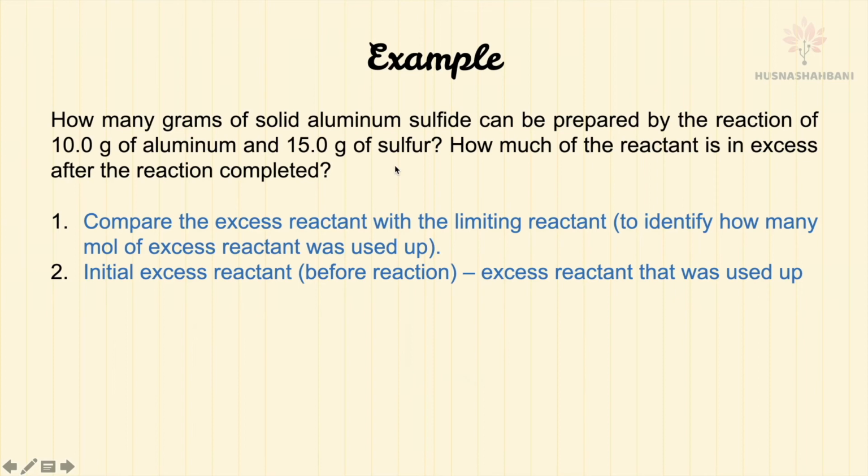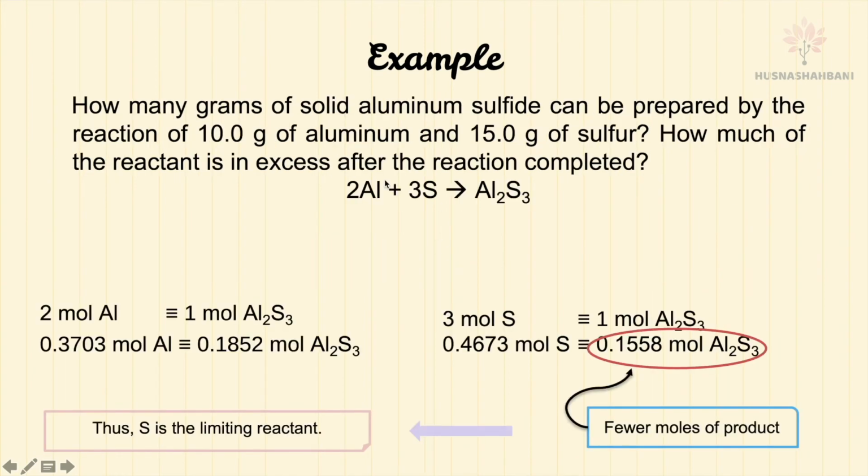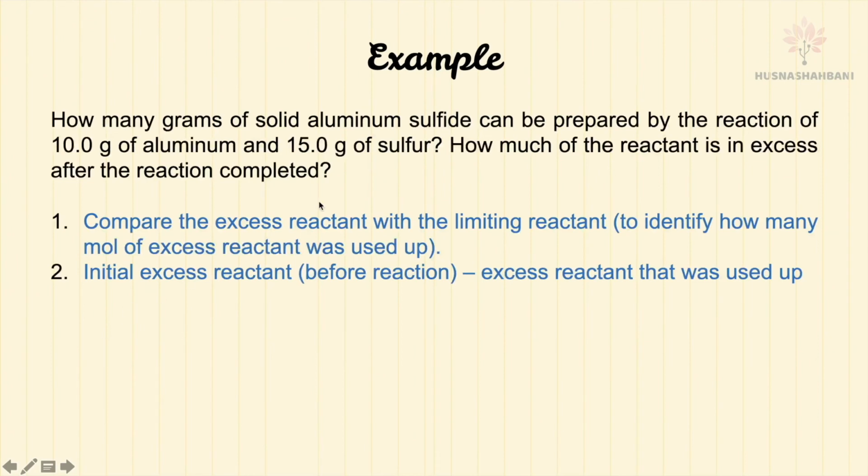So now we want to know how much of reactant is in excess. Now we have the number of mole of Al2S3. First, compare the excess reactant with the limiting reactant to identify how many mole of excess reactant was used up. Our excess reactant now is Al because S is the limiting, Al is excess.